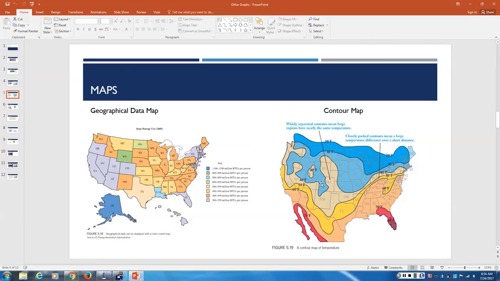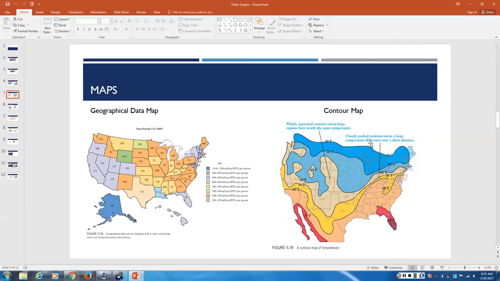Their weather comes in from the West Coast. And notice here too, throughout the South, our temperature is pretty consistent from the Mason-Dixon line south to Florida. It only increases when we start getting into Florida. But pretty much all this area here has the same temperature.